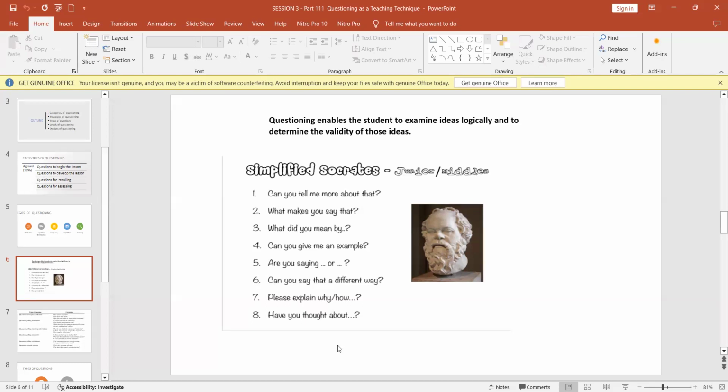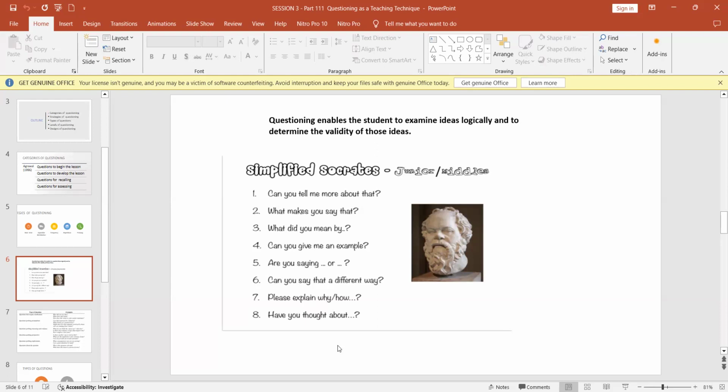Instead, what they do, they ask another question from you. And sometimes you get fed up also because it's difficult. You wanted the explanation, but they never explain. Instead, they ask another question from you to guide you in thinking, right? That is their mindset. So here, simplified Socrates, that is for probing questions.